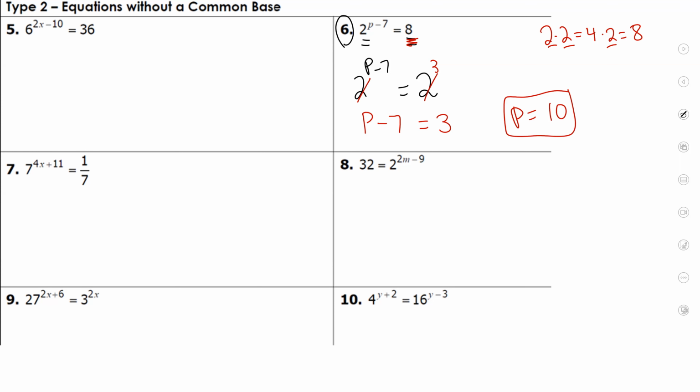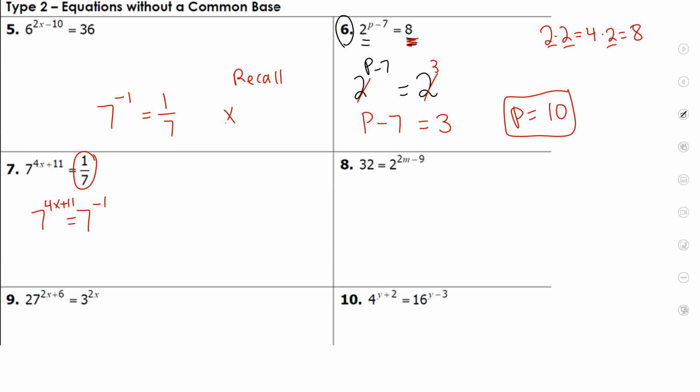Okay, let's do number 7. I need to remind you of an exponent rule. Guys, when I have 7 to the -1, how can this be rewritten? 1 over 7, okay? So guys, let's make this 1 over 7, 7 to the -1. This side can just stay the same. Okay, so we have to recall the rule.